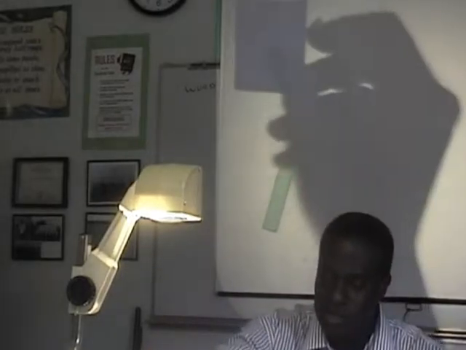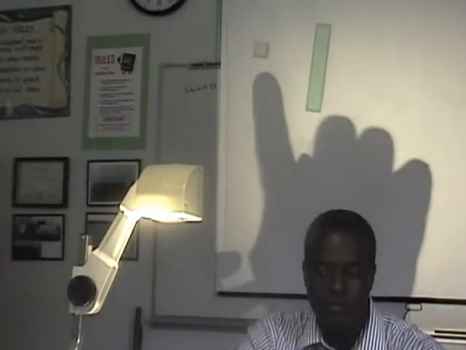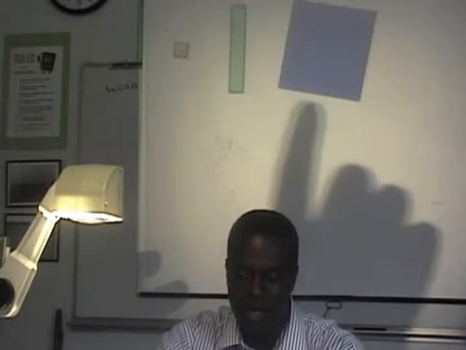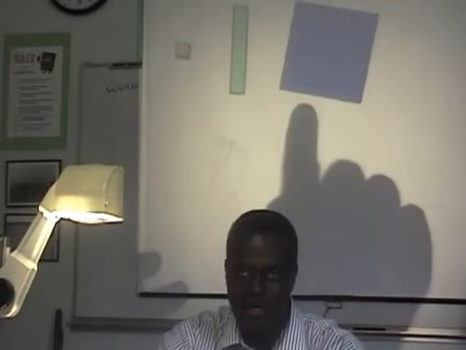So we have a positive 1, this yellow, 1 by 1. This is a positive x, this green, a 1 by x. And this is a positive x squared. Positive 1, positive 1x, positive x squared. 1 by 1, 1 by x is 1x, and x by x is x squared.